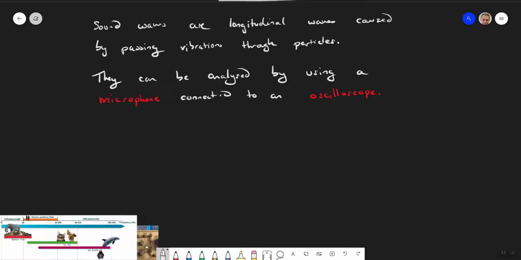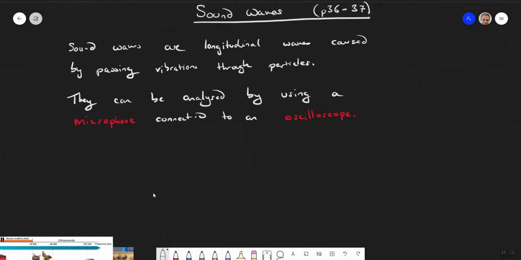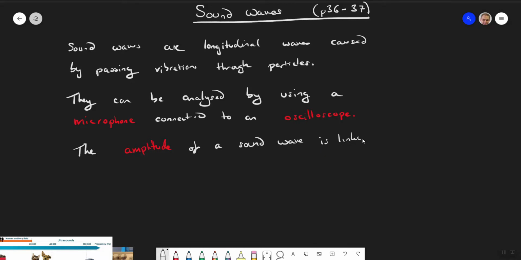So the amplitude of a sound wave is linked to its volume.